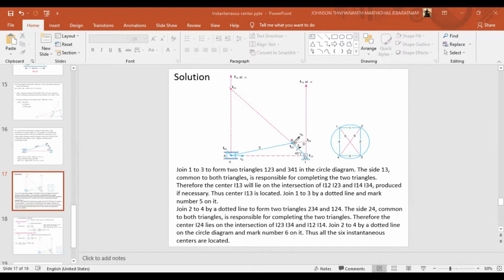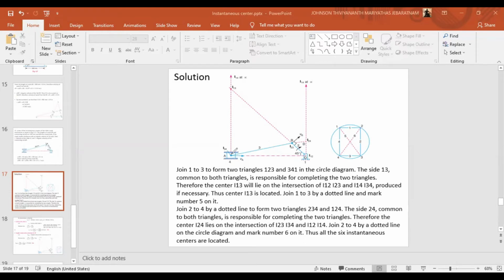And this crank and this connecting rod make an instantaneous center connection, that is I2,3. This is permanent type. And this connecting rod and the slider are making a connection, but one is sliding motion and the other is rotating motion. So that is I3,4.